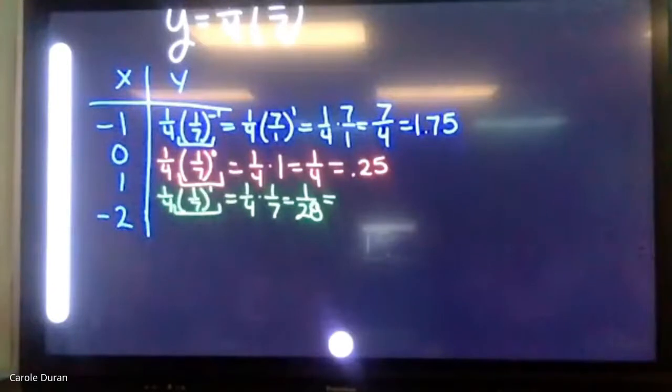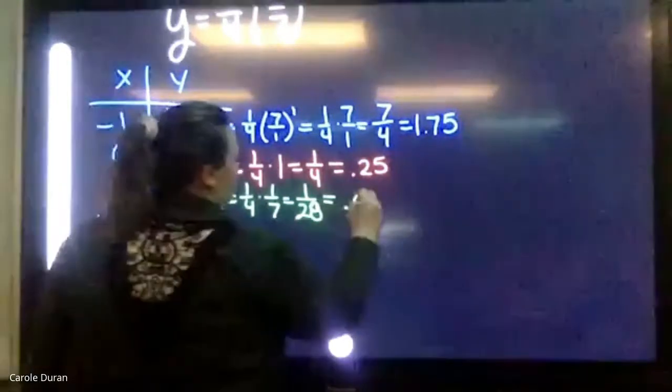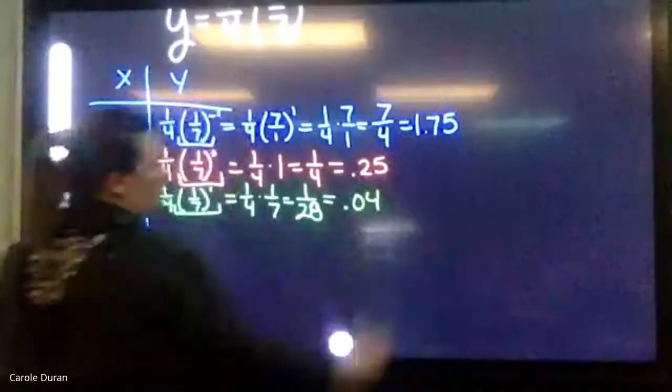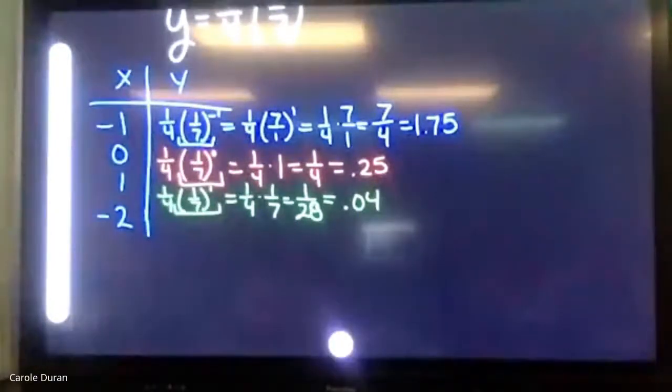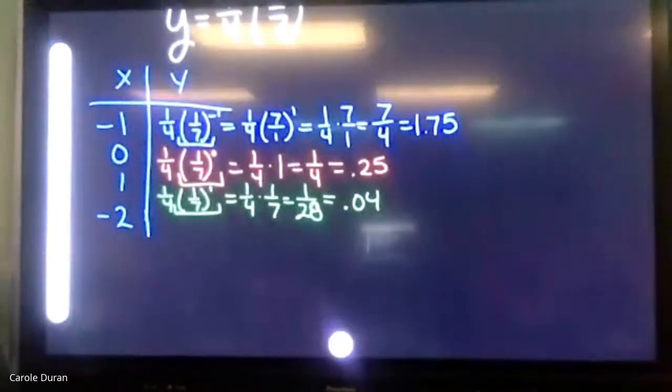And that's going to be 0.04. How do you flip it to a decimal? So I just did 1 divided by 28. Every fraction is the same as a division problem. Questions, concerns, or issues so far?